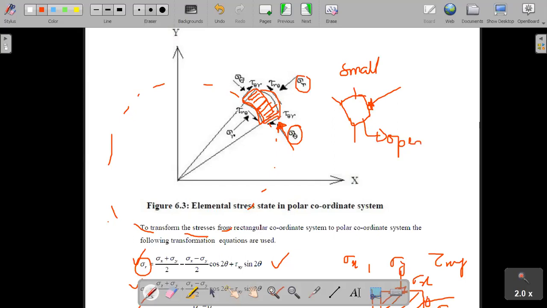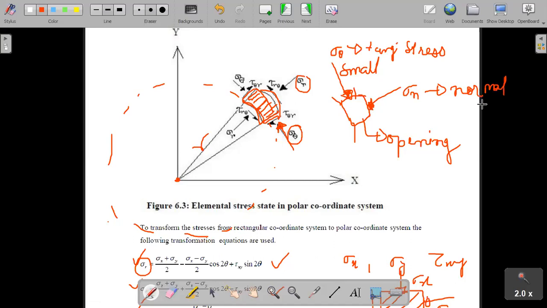This is the opening, okay? Any small portion we took is at a distance of r from the center. So normal stress is denoted by sigma n, and due to the side rocks there will be sigma theta. This is called tangential. Sigma theta is tangential stress, and this is normal stress sigma n.